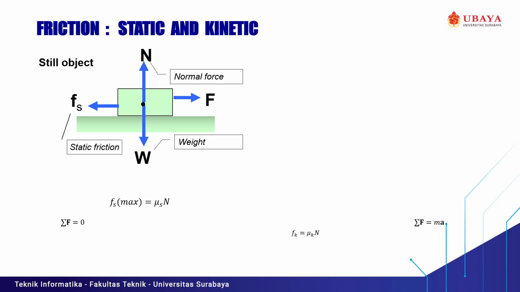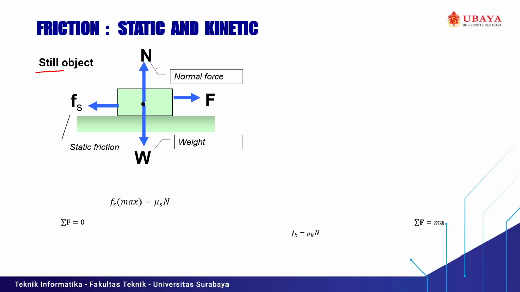When the object is still, about to move, we can observe the system something like this. We have a push force, push or pull, it doesn't really matter. We have some force F to the right, and then the floor will give the reaction Fs. This is a static friction when the object is still or does not move.